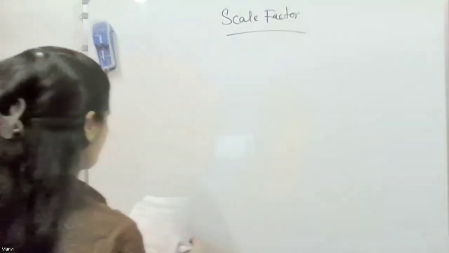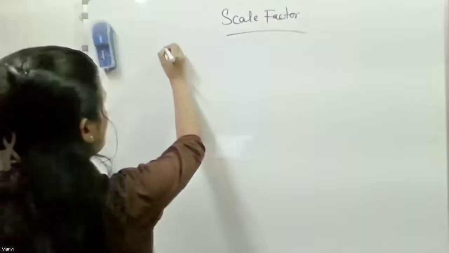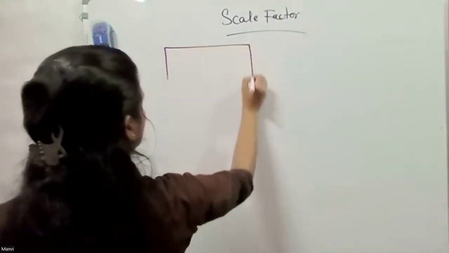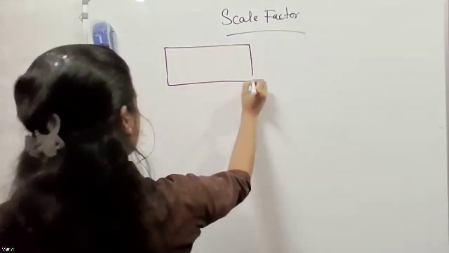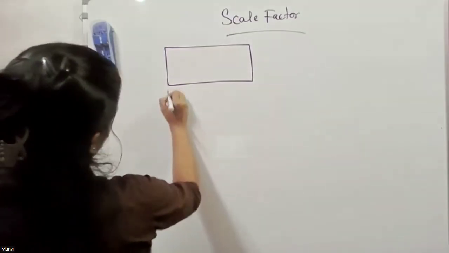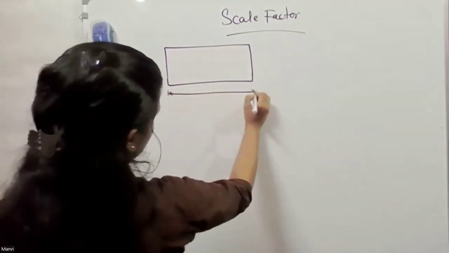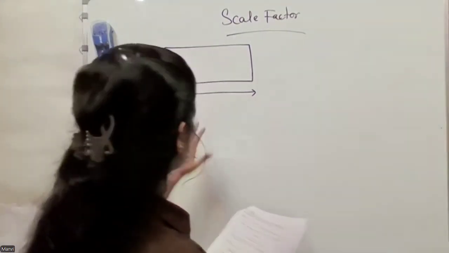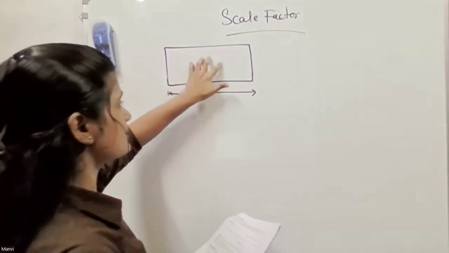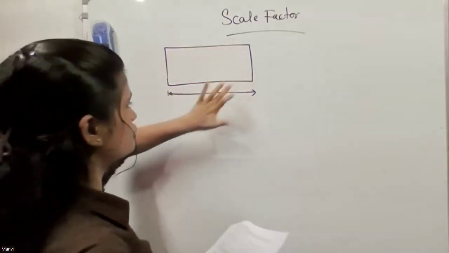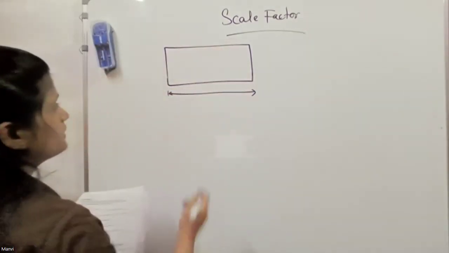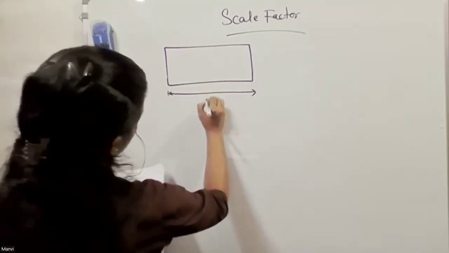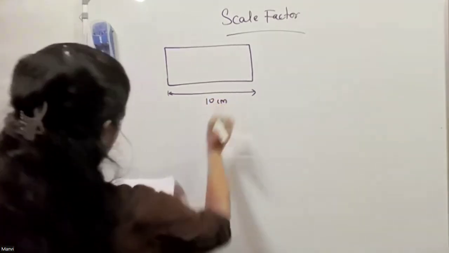So just keep this in your mind. Like here, we have a football ground, and the actual length is different from this length. It just says that we are drawing this football ground and this denotes 10 centimeter.